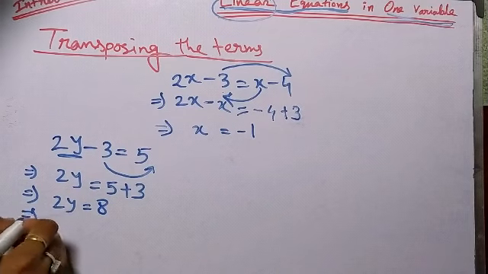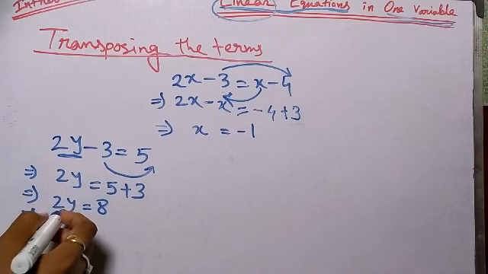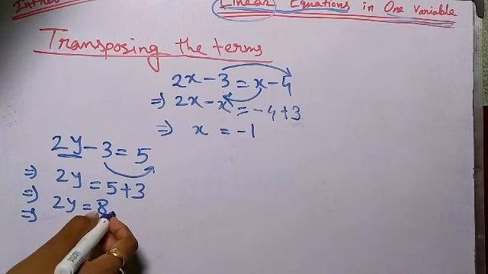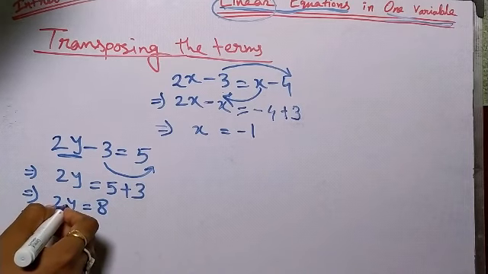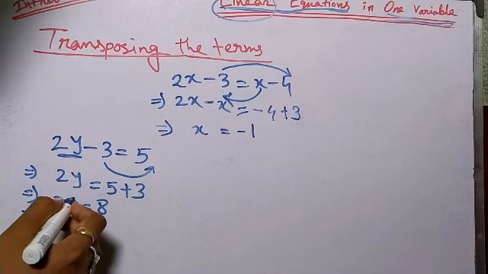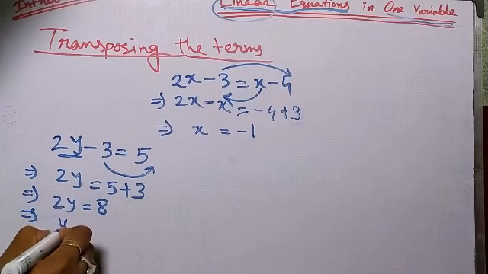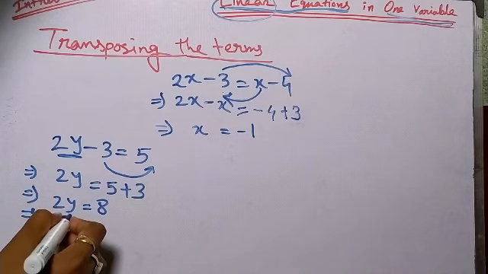Now with y there is the coefficient, that means 2, a constant coefficient is there. So that will also go to this side. That means this 2 is given as a product. That means with a multiplication sign the 2 is joined with y. That means when y will be alone, then 2 will go this side by changing the sign.